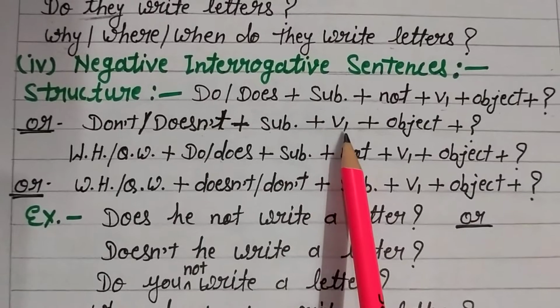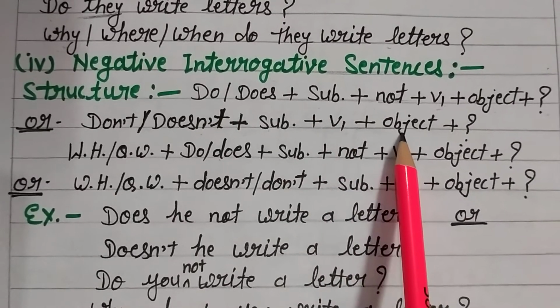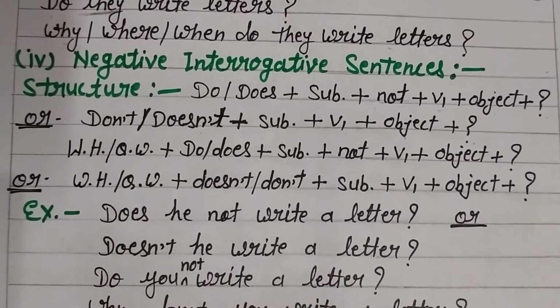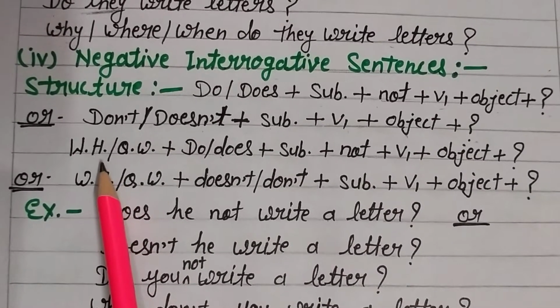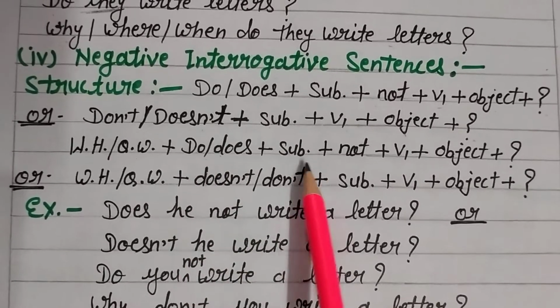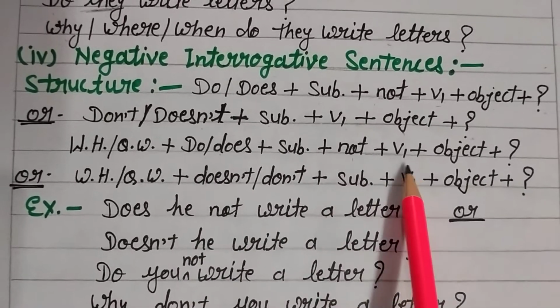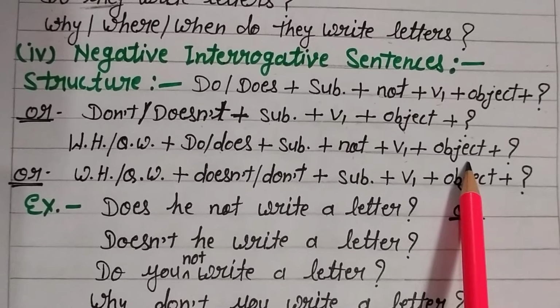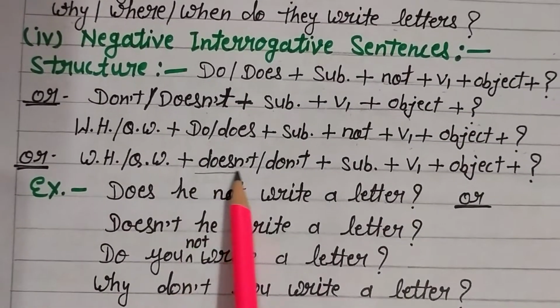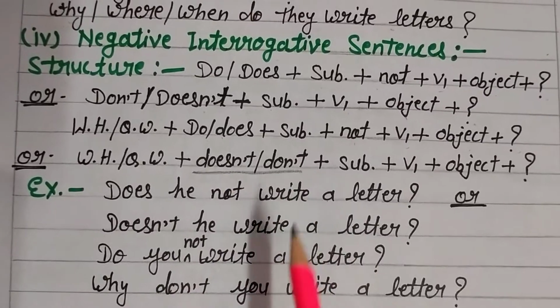And then subject, verb's first form, and then object and question mark. So with the WH word or question word plus do or does, subject and not, and verb's first form, and then object and question mark. Same as we use doesn't and don't.